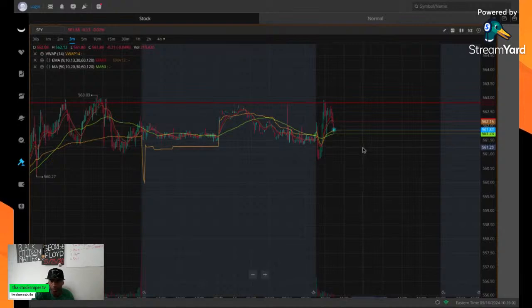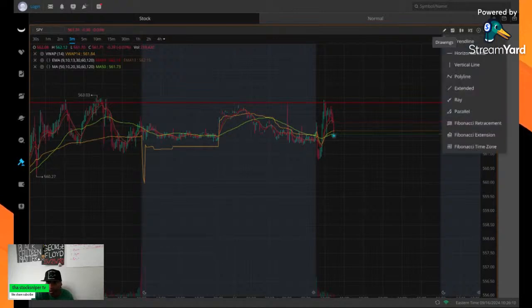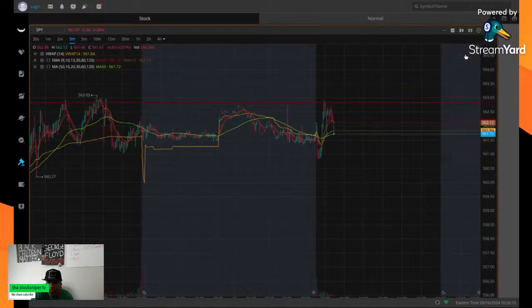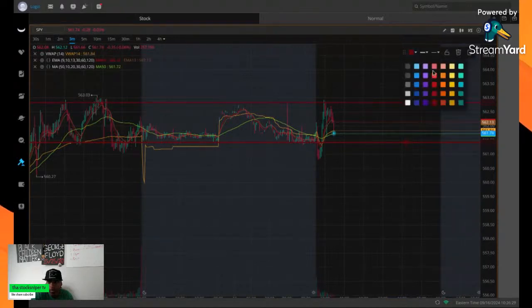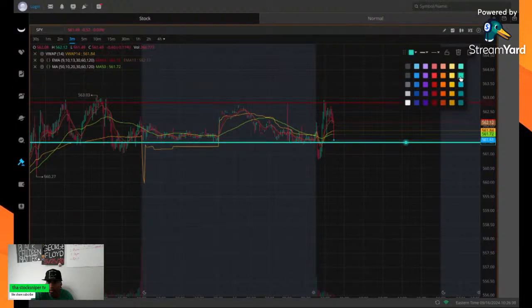See, I like to use my support as a green line, but for some reason I can't find where I could change the color on this Webull. Okay, there we go. Color. We're gonna change that bottom.